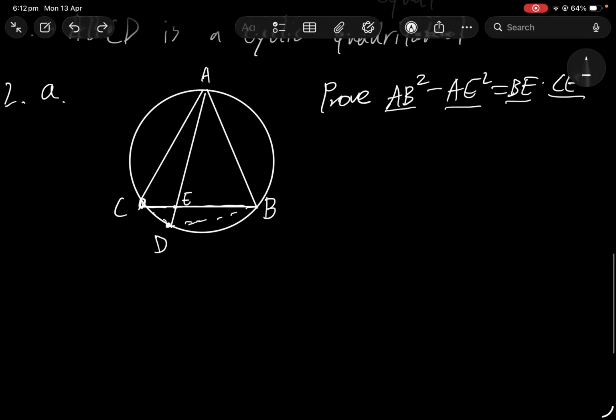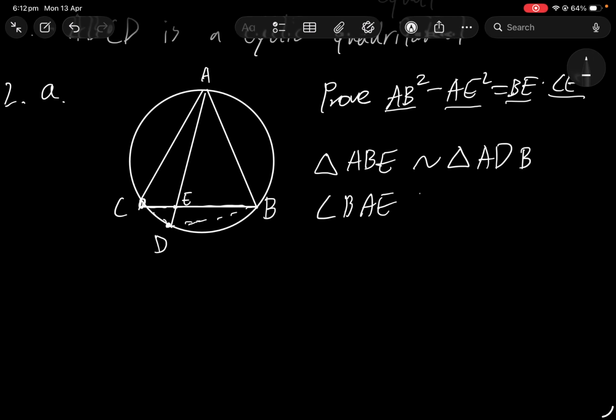Okay, so we're gonna write ABE similar, not congruent, similar to ADB. So first we're gonna say angle BAE equals angle DAB because they're shared. Or should I write common? Common.